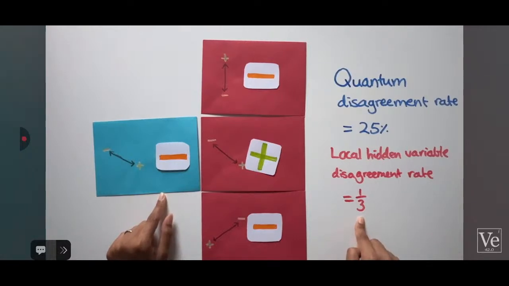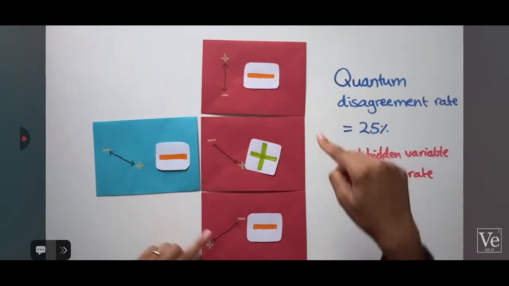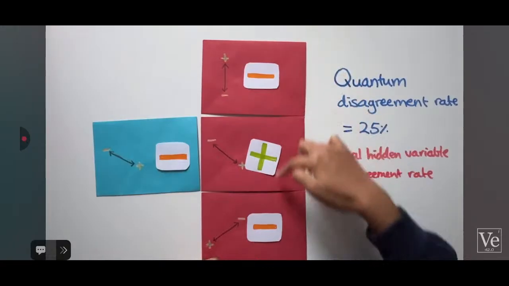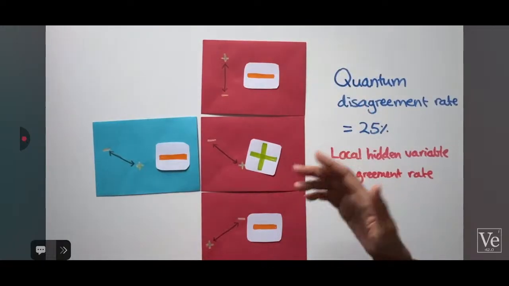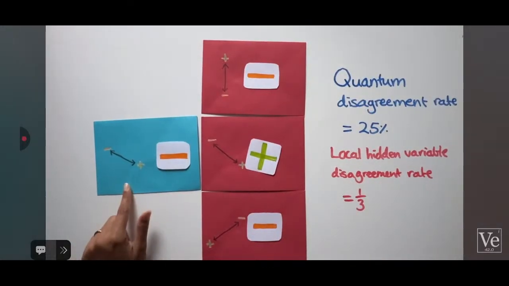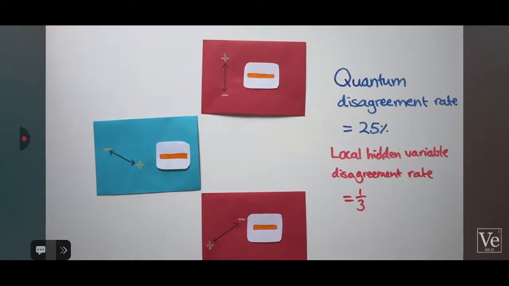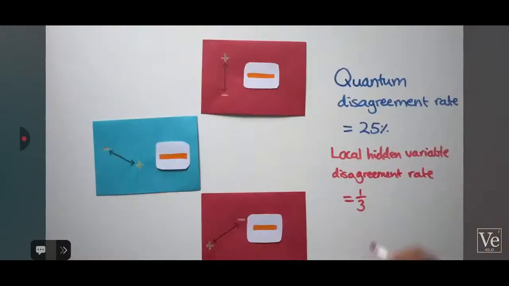And now, to calculate the disagreement rate, we need to see what happens when the experimenter who's measuring the positron happens to measure a different axis from this one, so one of these two. But in either one of these cases, the positron is also minus, and so the two answers agree with each other. And so the answers have no disagreement, and so we can multiply this by 0.